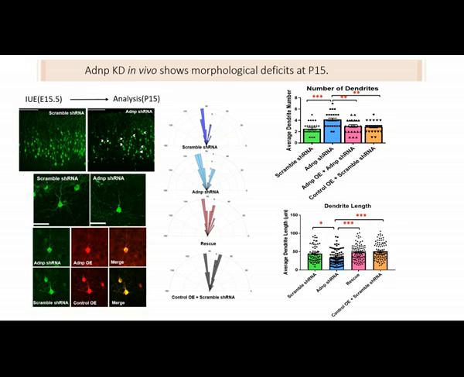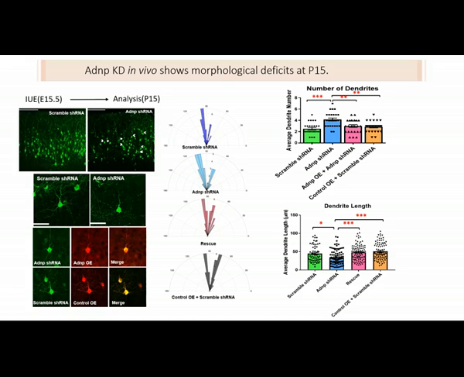Next, we analyzed ADNP functions in vivo using in utero electroporation. We targeted layer 2-3 pyramidal neurons in the somatosensory region. At P15, neurons extend the axon, the apical dendrite, and basal dendrites. We first analyzed the dendrite morphology.